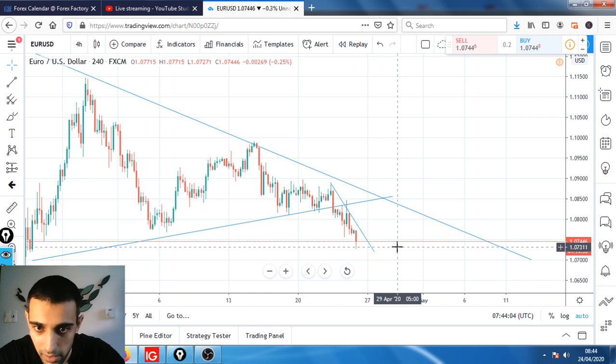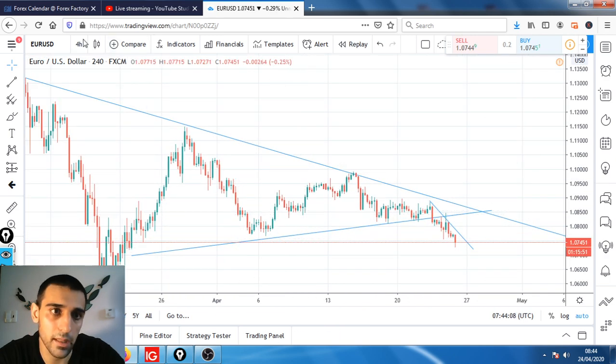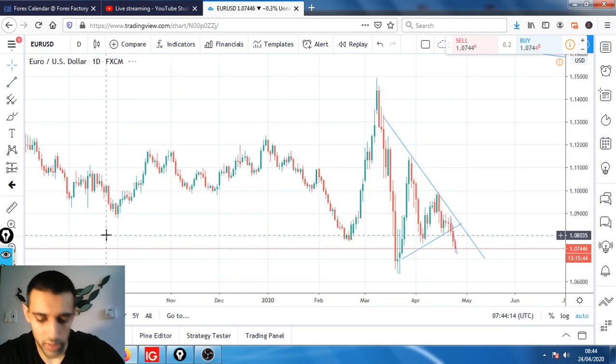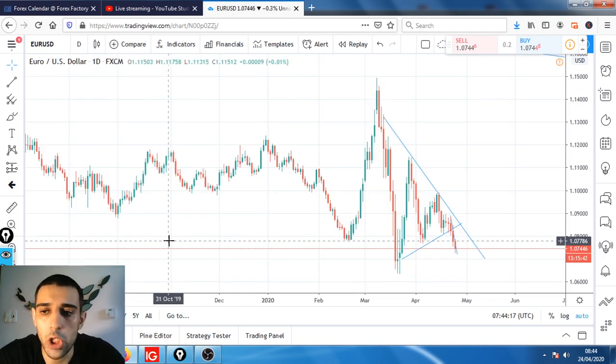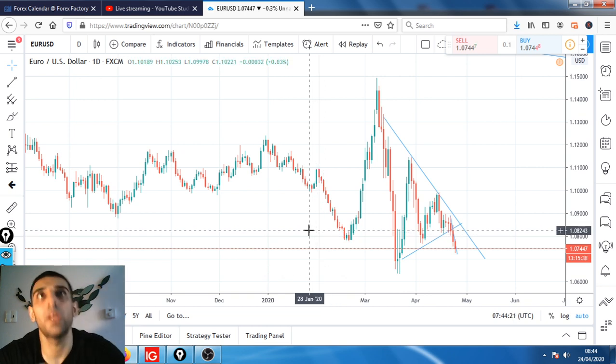Actually, I didn't even notice. So 107.30 already came down. The next target's gonna be on a daily time frame, which is at 107.05. So we're gonna get on at 107.60 with the target at 107.05. We're gonna use a 20 pip stop loss.